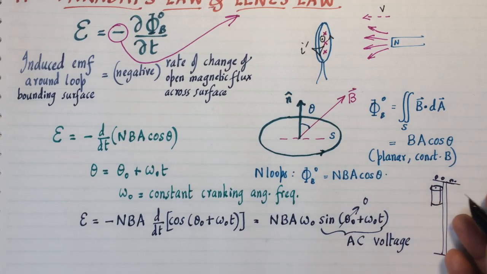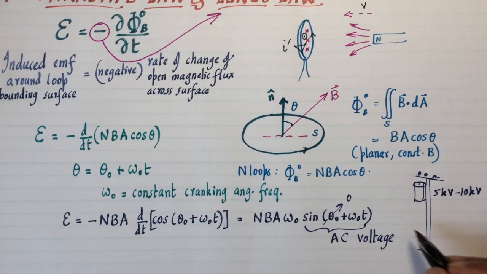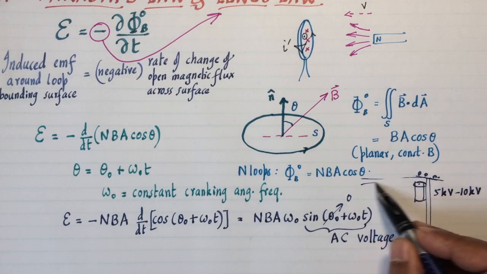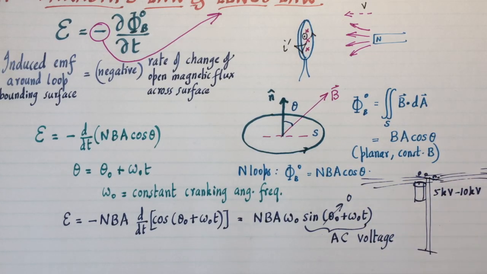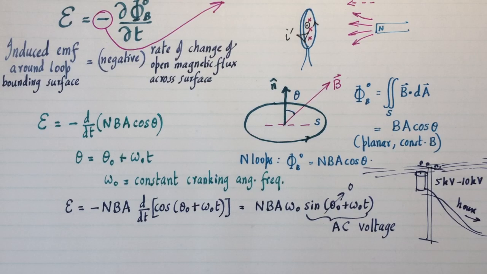Whether you live in rural areas or urban areas, you'll find these shiny cylinders. They are usually 5 kilovolt to 10 kilovolt transformers that step down the high voltage wires coming in, and then these go to your house. Okay, so that's how it's done.